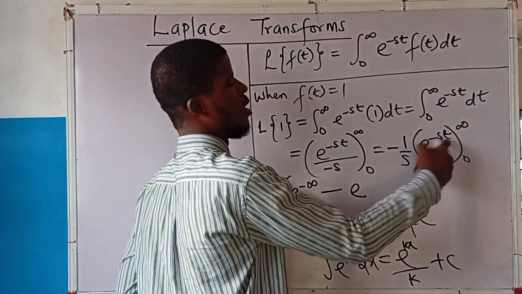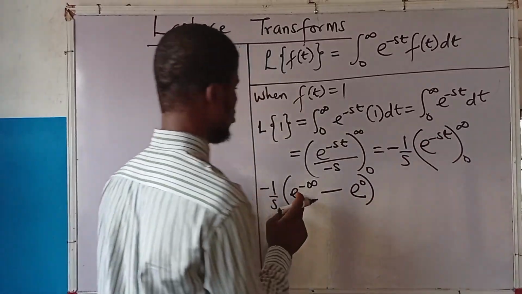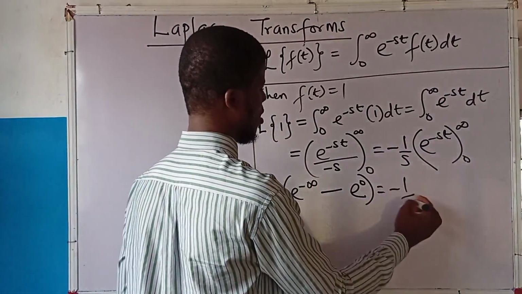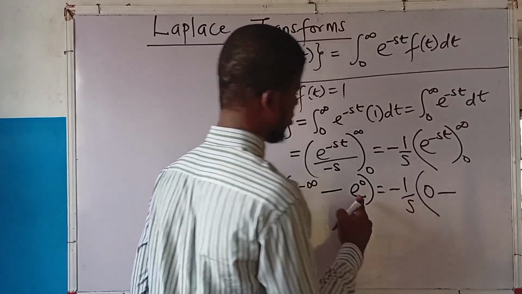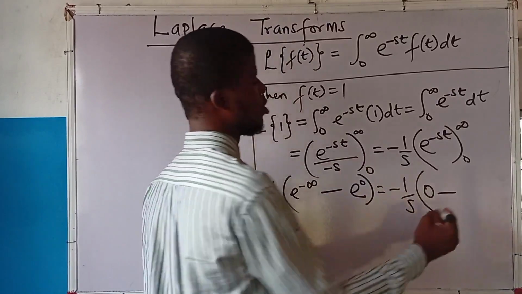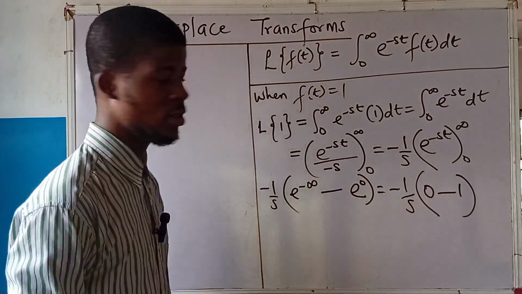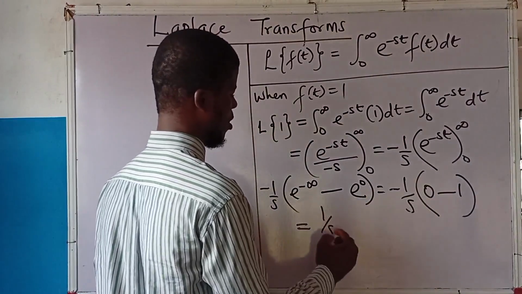So if I plug in 0 here, everything here becomes 0. E to the power of minus infinity is 0. So this is minus 1 over s into 0 minus e to the power of 0, which is 1. Anything to the power of 0 is 1. 0 minus 1 is what? Minus 1. So minus 1 times minus 1 over s is positive 1 over s.